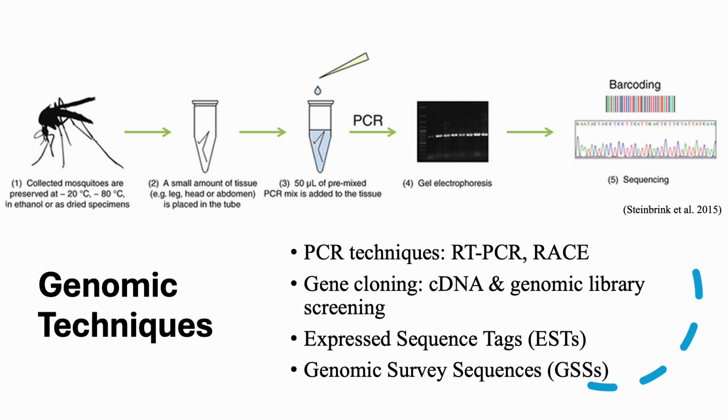Then the expressed sequence tags, or ESTs, come from actively transcribed genes, so we can see which genes are switched on and which are switched off. And then ultimately, you have the GSSs, or genomic survey sequences, that are similar to the ESTs but with random pieces of DNA, giving us a broader view of a genome. So this would all help us with finding genes potentially involved in disease transmission, development, and behavior.